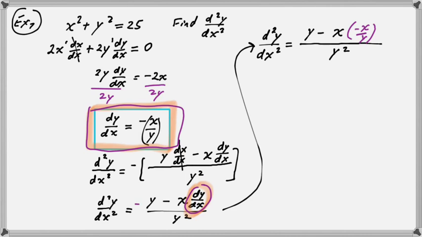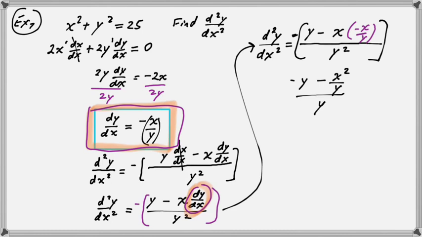You are absolutely correct. There is a negative in front of all this that I just forgot about. So this would become negative, y minus x squared over y, all over y squared.